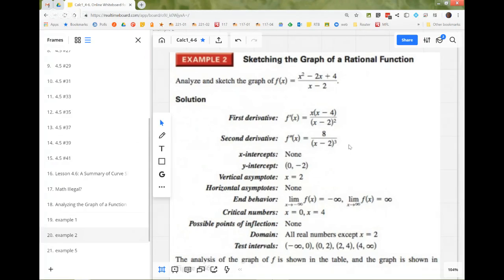So in other words, instead of writing on top x squared minus 4x, they wrote it as factored. And likewise on the bottom, well, that's pretty obvious because when you do the quotient rule, you're going to wind up with the denominator squared. So that's not a surprise. Why do they show that numerator as factored?